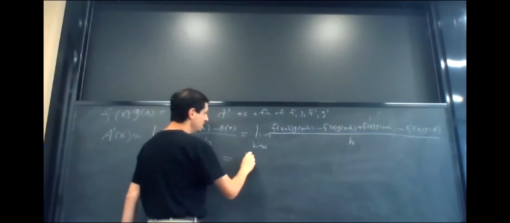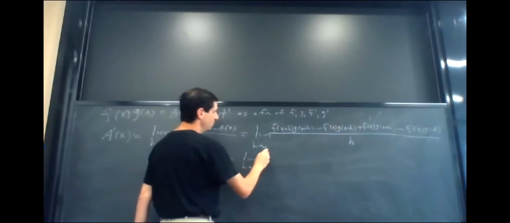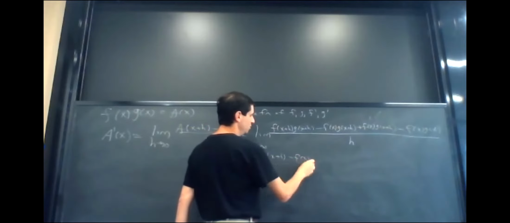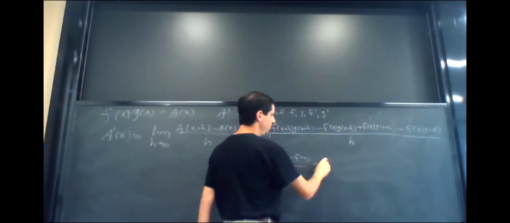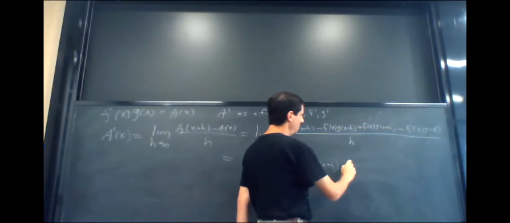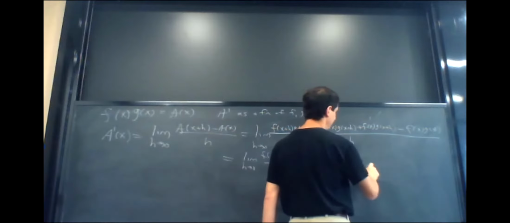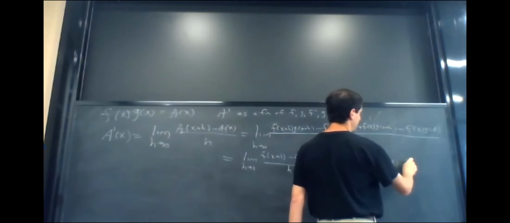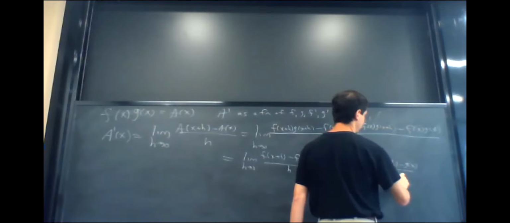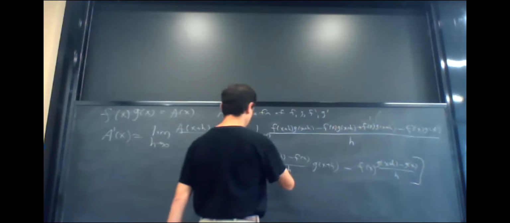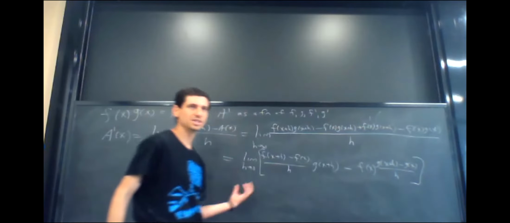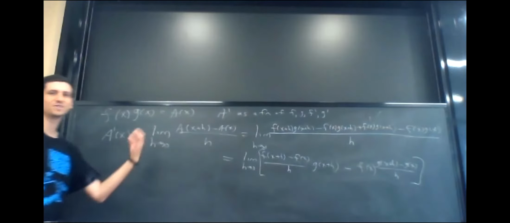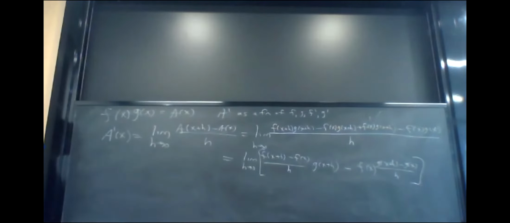So now this is the limit as h goes to 0, f of x plus h minus f of x over h times g of x plus h, plus f of x times g of x plus h minus g of x over h. And now we do the limit of a sum is the sum of the limits, the limit of a product is the product of the limits, so long as the limits exist.